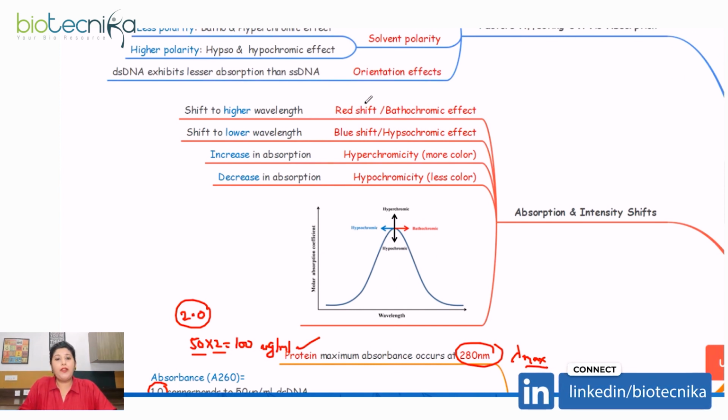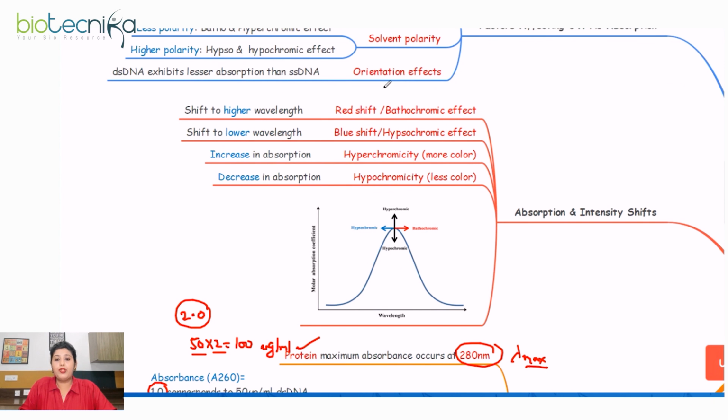So here we have a few terms that you have to remember from an exam point of view. I'm sure you have heard about red shift or bathochromic shift. It means the shifting of the wavelength towards the higher side. Why red shift? Because white light, I told you, has 7 colors, right? The range is like 380, I told you, in some books you will find 100 to 400, you will find 400 to 700 nm also for visible light.